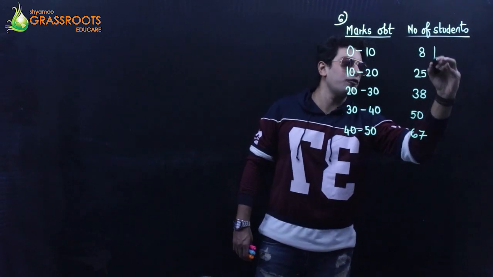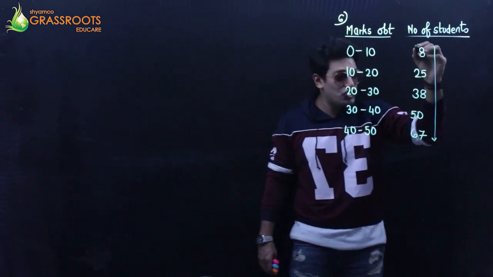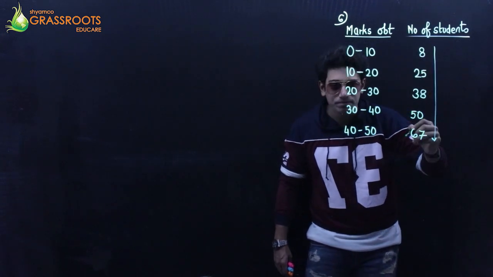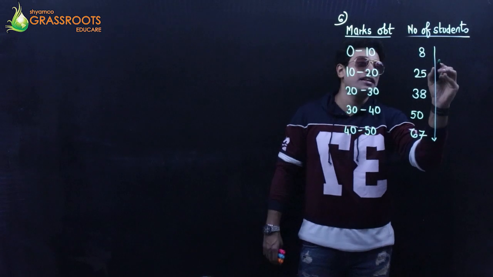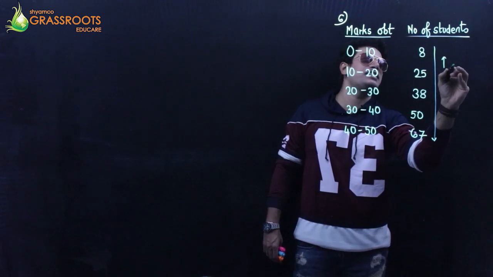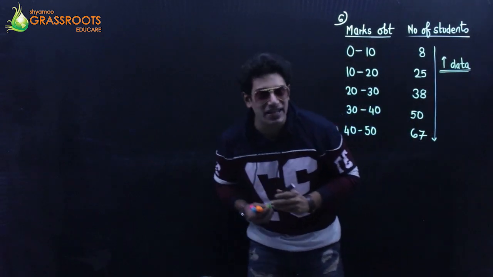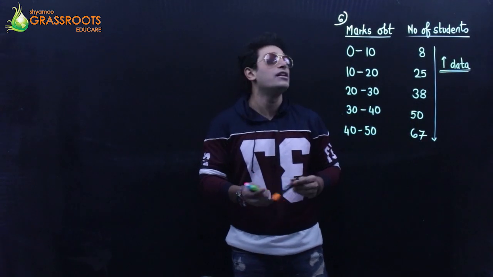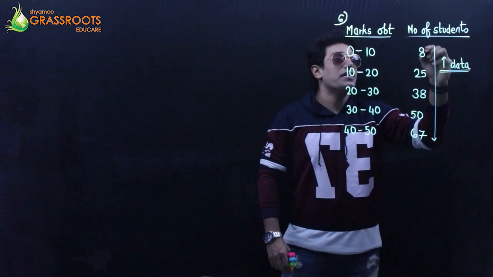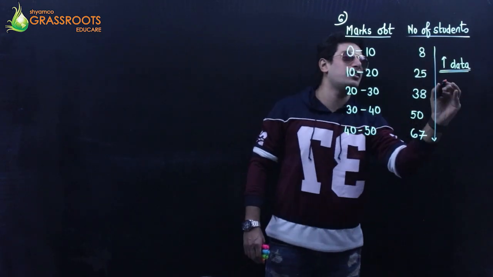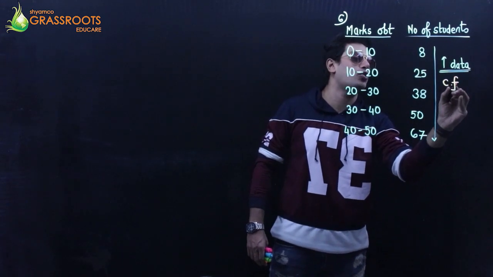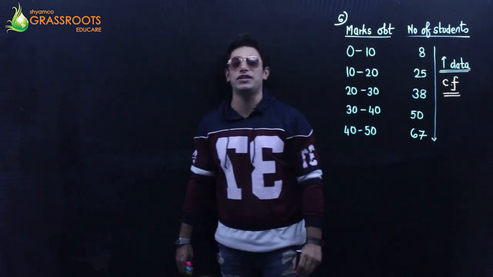Now obviously, if you observe the data as we go down, can I say it is always increasing data? Whenever the data is always increasing, please make sure that this column I have written out here is not frequency. I am sorry, it is cumulative frequency.